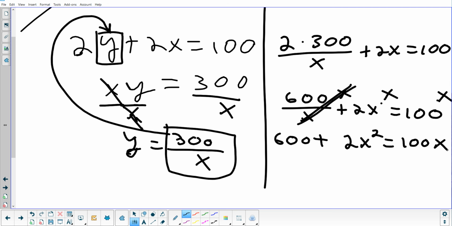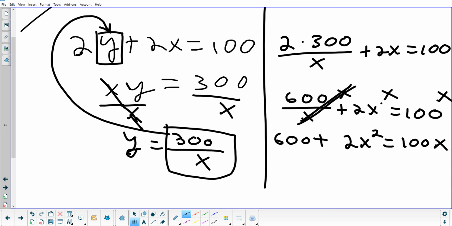100x. What type of equation is that? We spent a chapter on those in the beginning of the year.